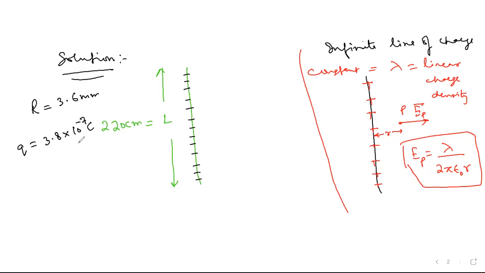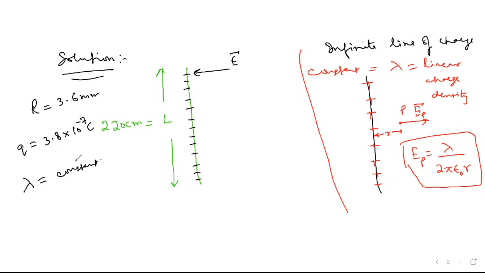Charge is negative, that means the electric field will be inward, perpendicular to the line, this way. Now it is given that charge is spread uniformly over the surface. That means lambda is constant. Linear charge density is constant.